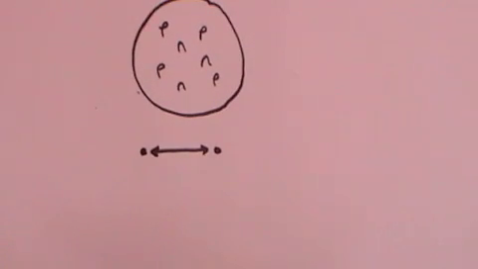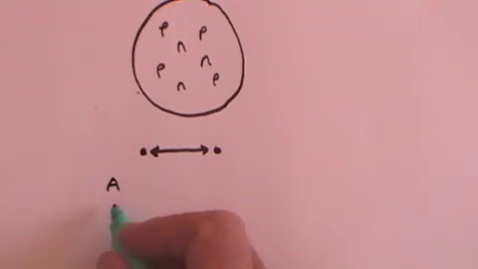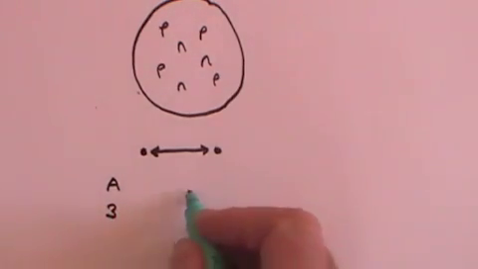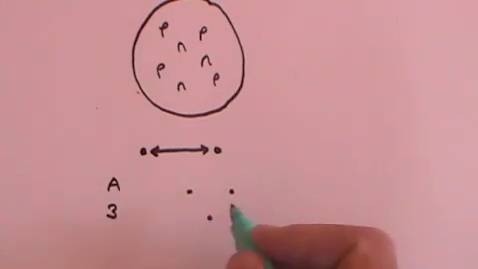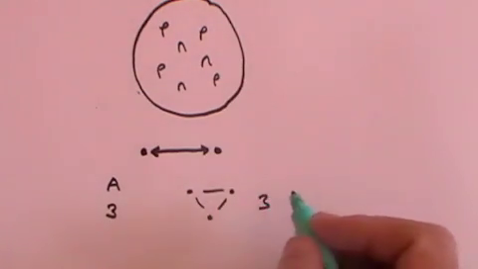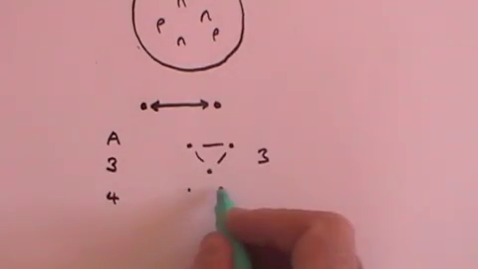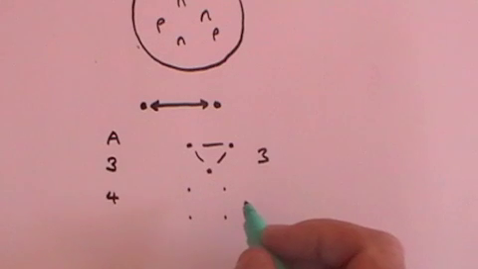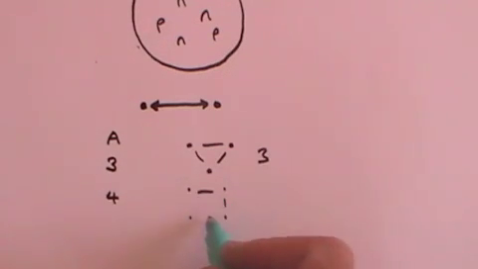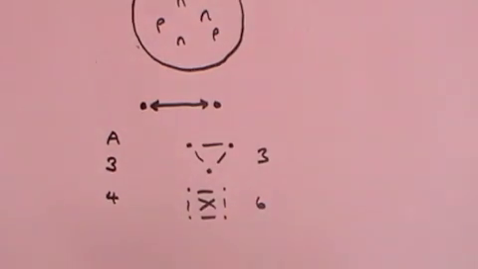Well, how many pairs do you get? Let's think about the number of nucleons. If you've got, say, 3, 1, 2, 3, how many pairs are there? There are 1, 2, 3 pairs. If you've got 4 nucleons, 1, 2, 3, 4, then you've got 1, 2, 3, 4, 5, 6 pairs.